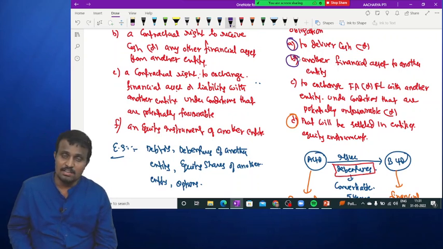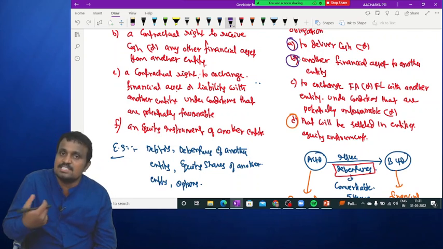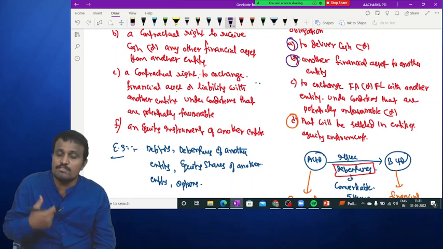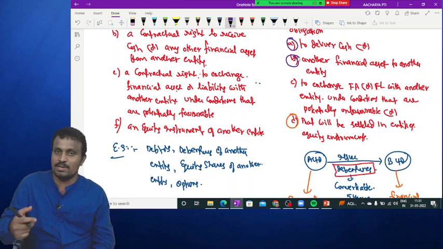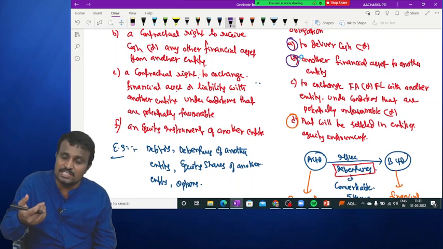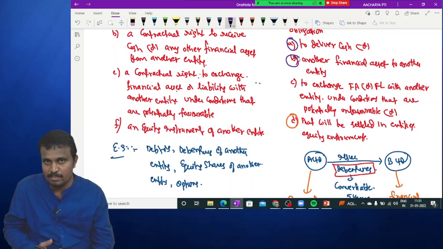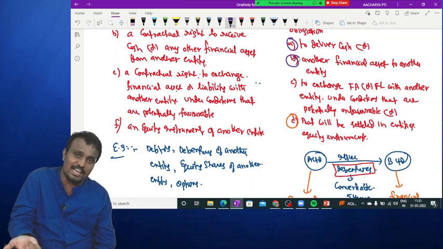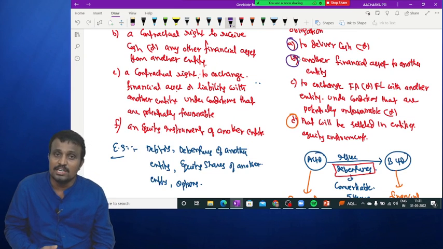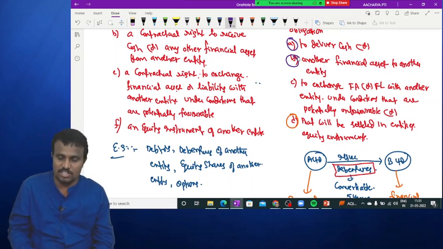But here, we provide the equity shares of the company, or we provide the debentures of the company to that party, or we transfer some investment to the respective party. Instead of paying the cash, or instead of settling the creditor in cash, we issue what? An equity instrument or a debenture instrument.